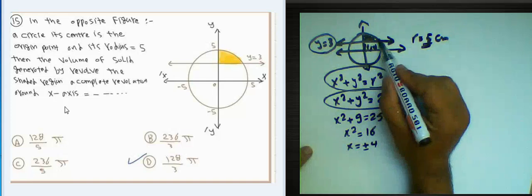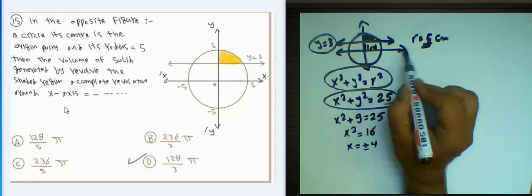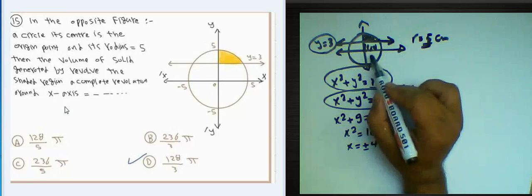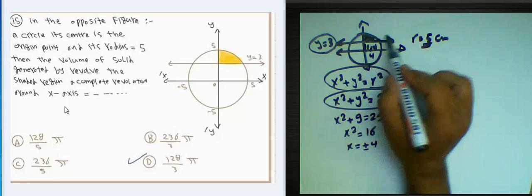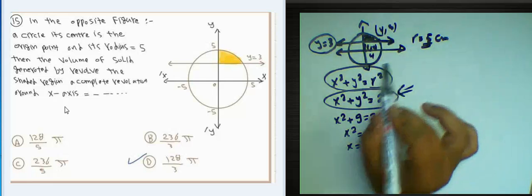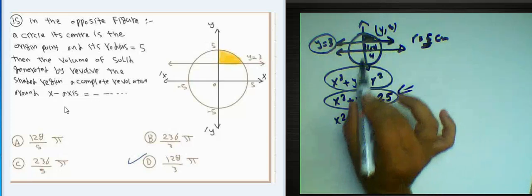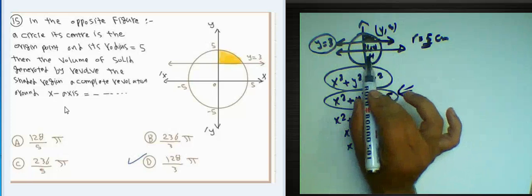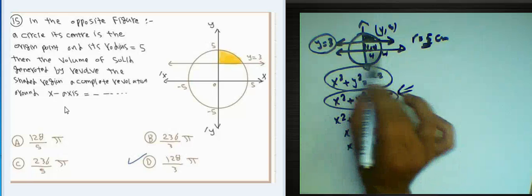The intersection point: moving along the x-axis to the right-hand side 4 here, and vertically up here will be 3. Then the point here will be 4 and 3. Then the circle and the straight line intersect at the point 4 and 3, so we can integrate from 0 to 4. This means 4.